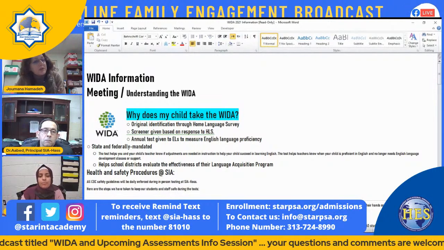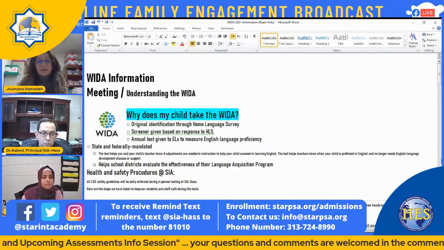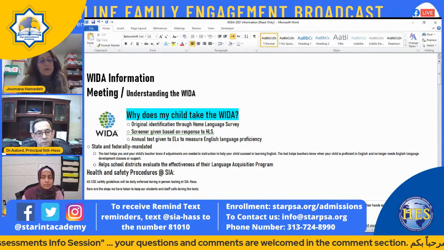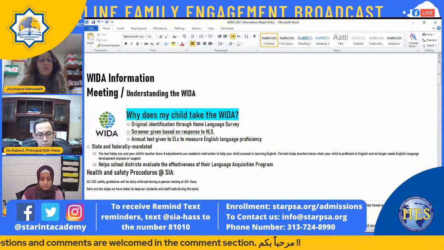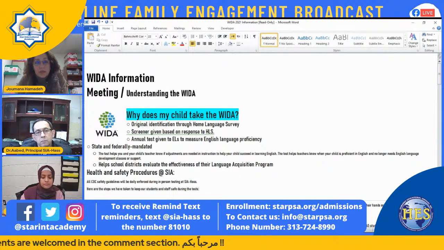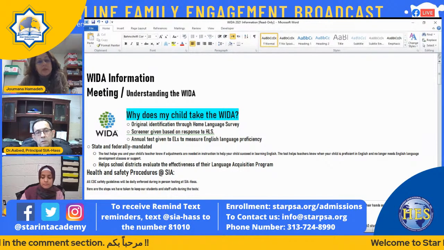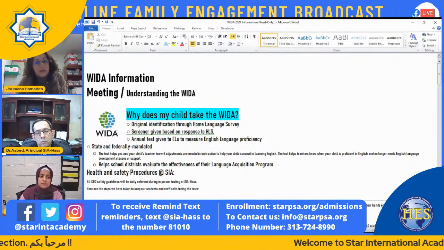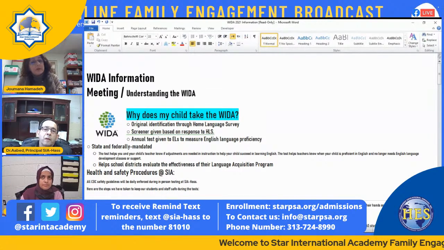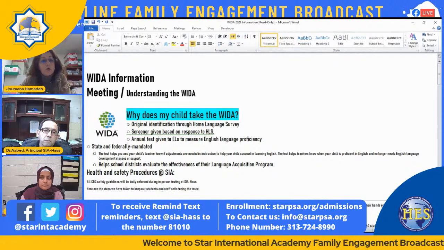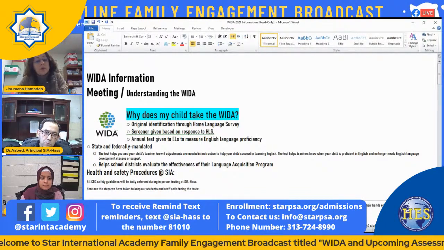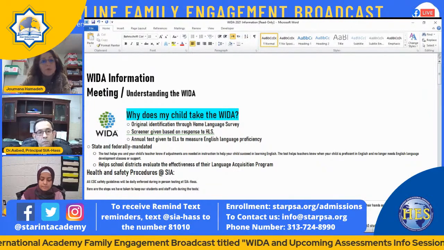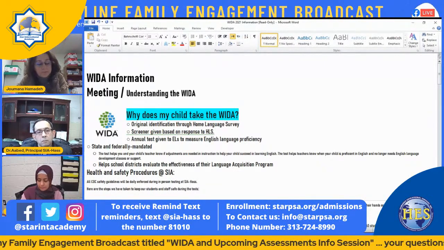If the question is marked yes, then the student will be screened on 4 domains of English language proficiency: speaking, listening, reading, and writing. If the student scores a 5 on each of those domains, then they are not eligible for the English Language Learner Program or the LEP program.